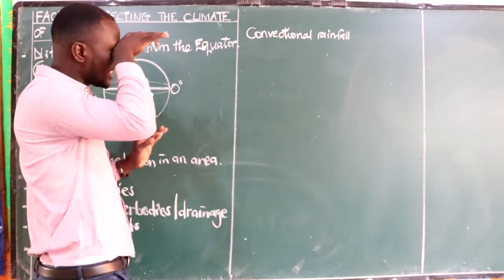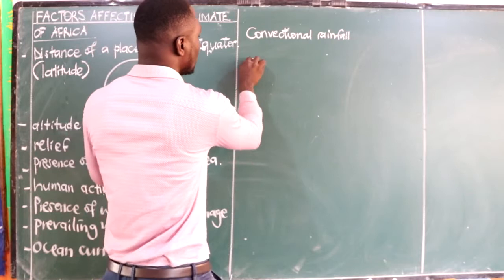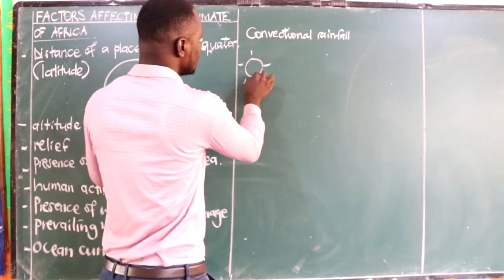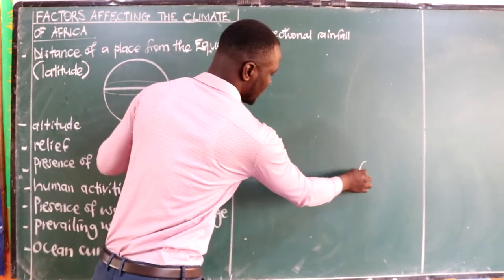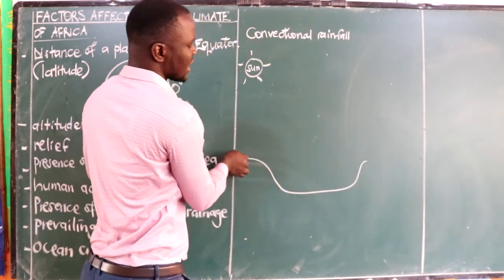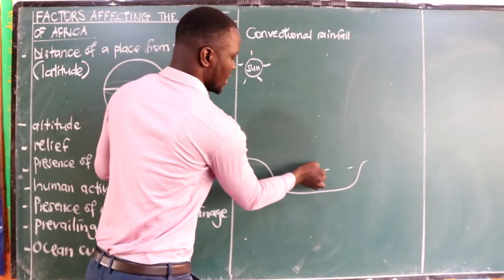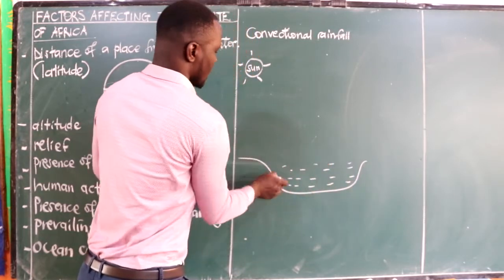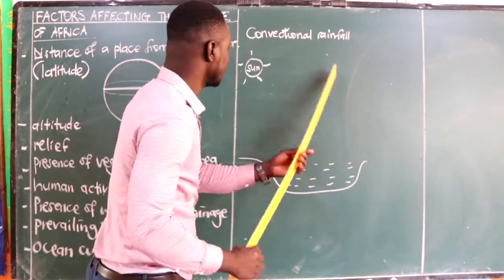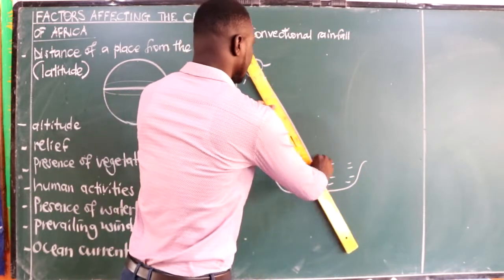Which means we are going to look at how, when the sun is shining onto that line of the equator, you'll find that if in that area there is a water body, so we are taking this as our water body, and we are saying the sun is shining, hitting the water body.